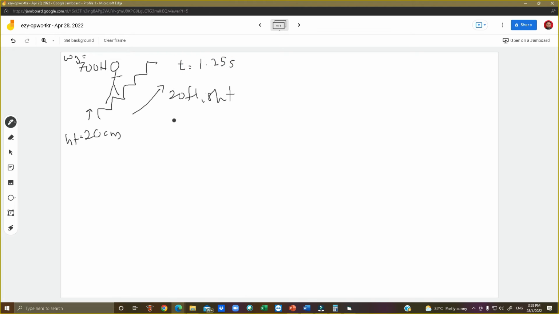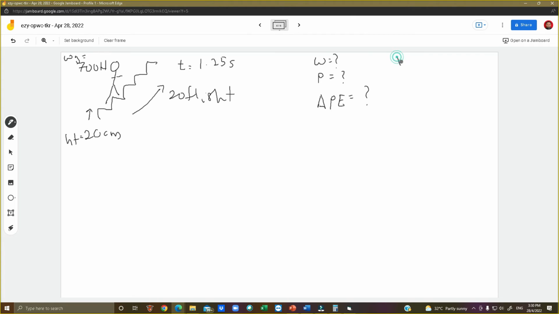He is running. Okay, number 1, calculate mechanical work. Number 2, calculate power. And number 3, change in potential energy. Three things: work, power, change in potential energy.